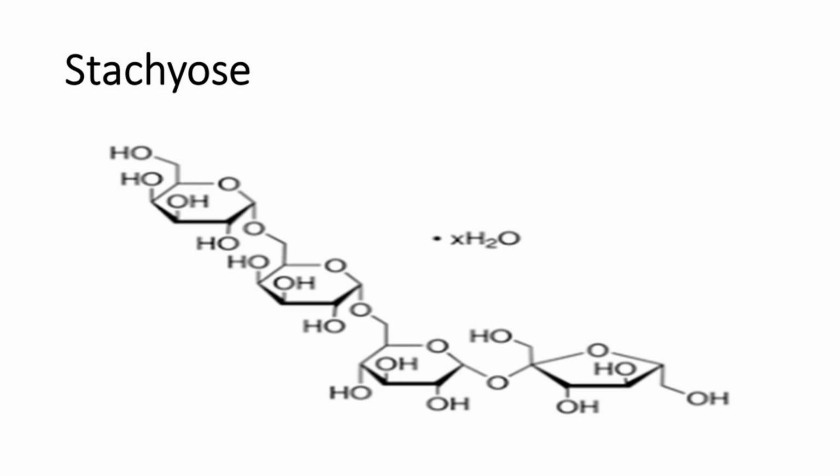Stachyose is less sweet than sucrose, at about 28% on a weight basis. It is mainly used as a bulk sweetener or for its functional oligosaccharide properties. Stachyose is not completely digestible by humans and delivers 1.5 to 2.4 kilocalories per gram.